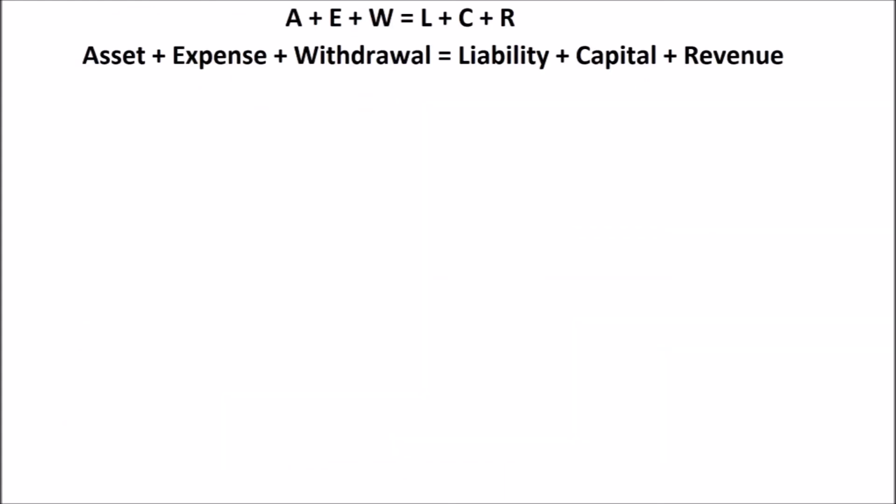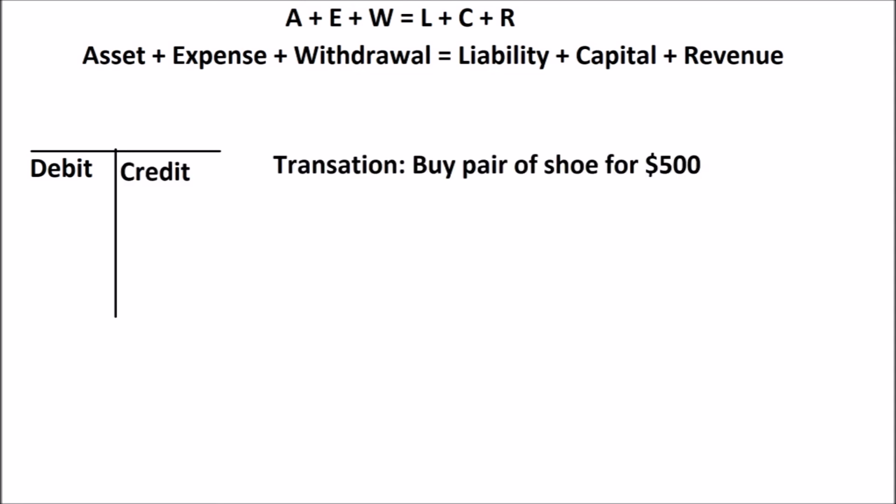And guys, this is the most brilliant part. When we do our T accounts, the T account looks like this. All you need to remember now is that left is your debit and right is your credit. Say for example, you bought a pair of shoes and it cost $500.